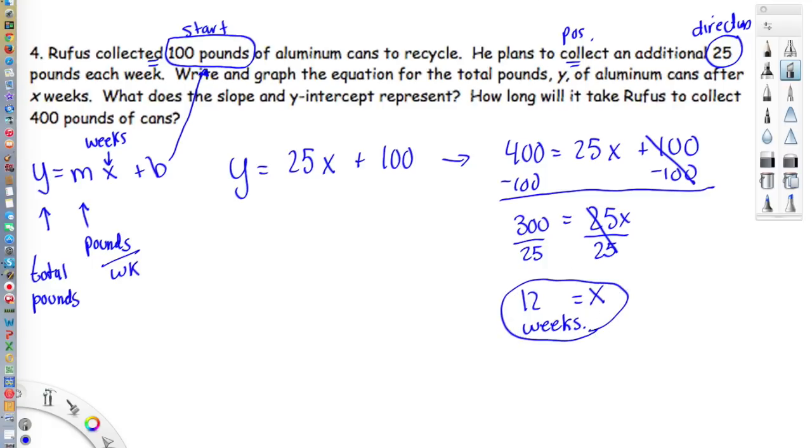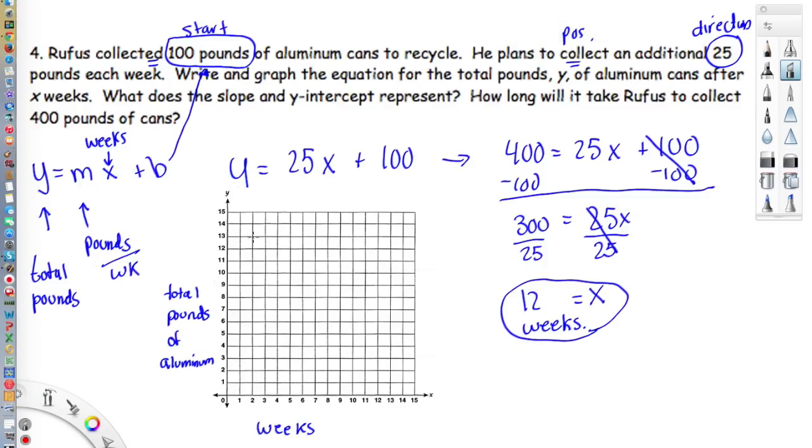And let's graph this. Okay, so y is equal to 25x plus 100. We're starting out with 100 pounds, which would be right there, because this is going to be total pounds of aluminum in hundreds.